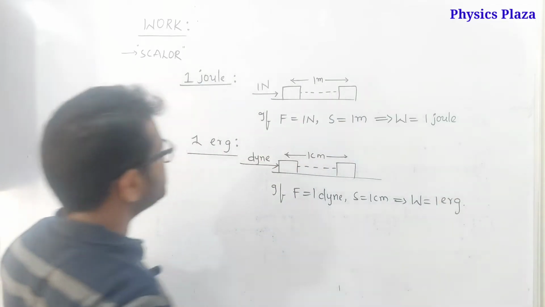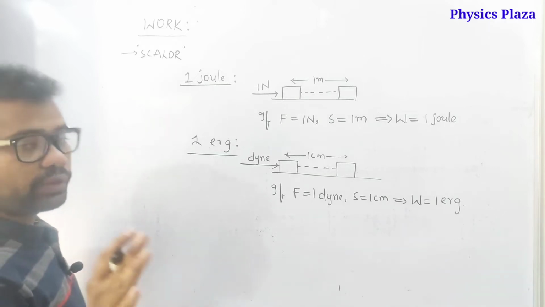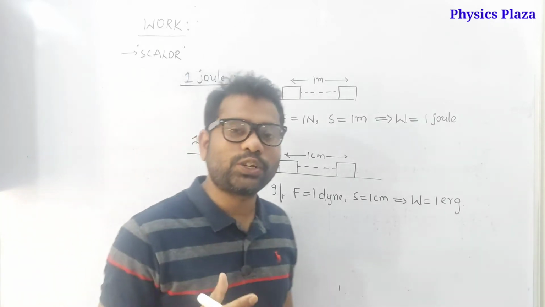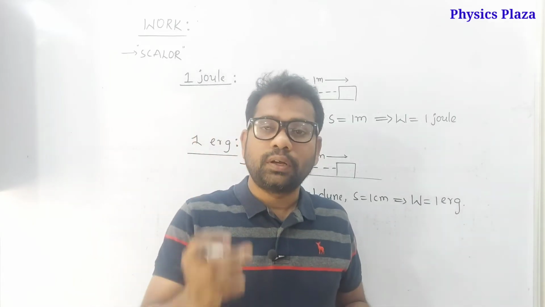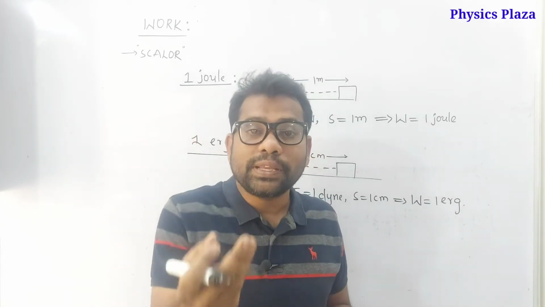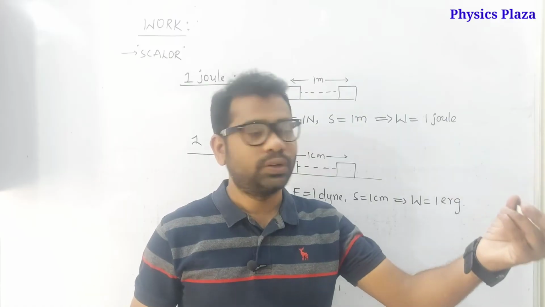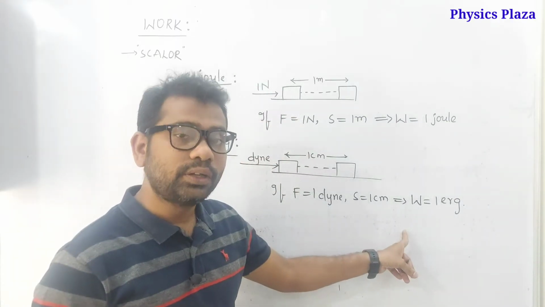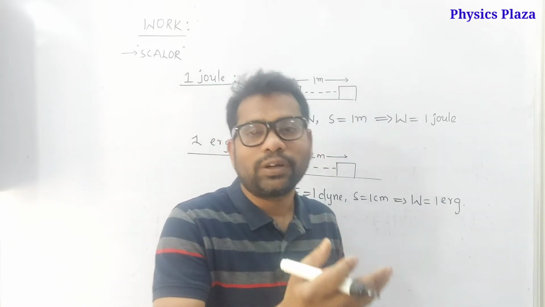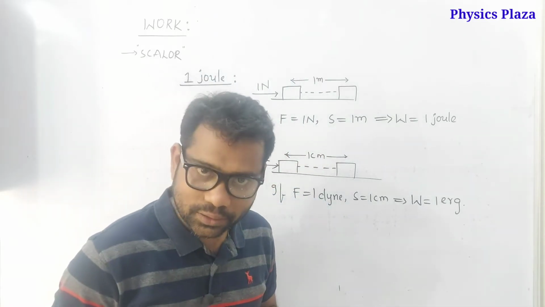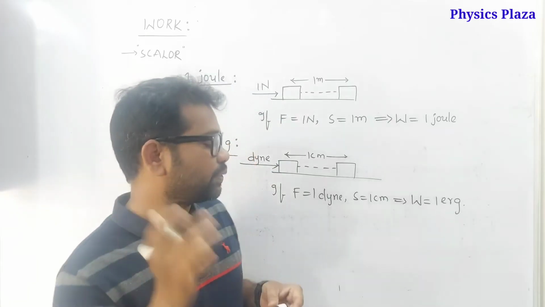So children, this is how we can define. It's very important. Let us recall. What is a joule, children? When you consider work done is 1 joule, if a force of 1 Newton displaces the body by 1 meter. Whereas to define the erg, children, the force of 1 dyne should displace the body by 1 centimeter. Is that clear? Yes, fine.